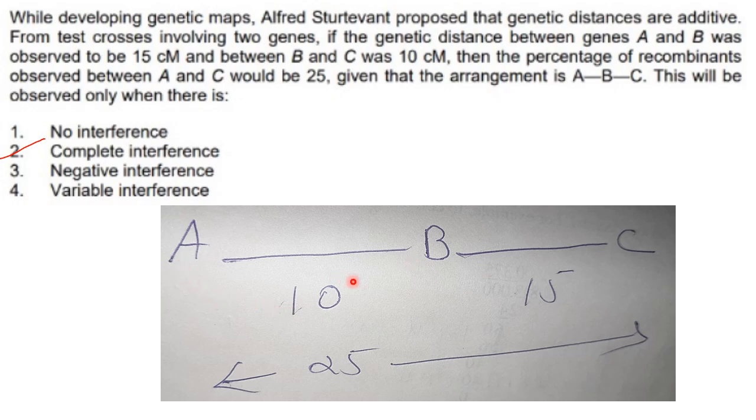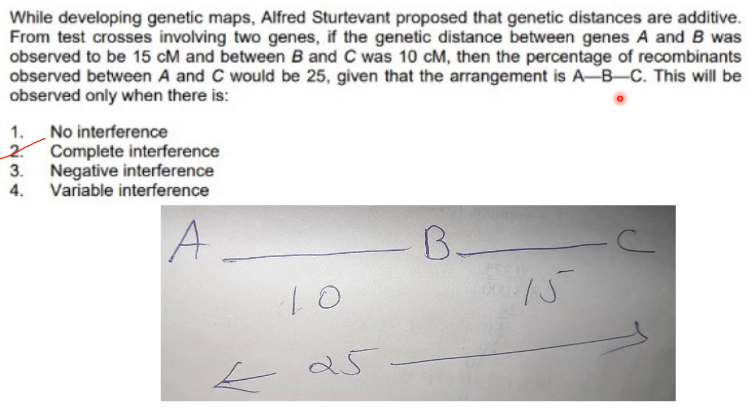A and B it is 15 centimorgan and B and C it is 10 centimorgan. I wrote it by mistake. Then the percentage of recombinants observed between A and C would be 25, because it is additive. These genetic distances are additive, so you will get 25 percentage of recombinants between A and C.